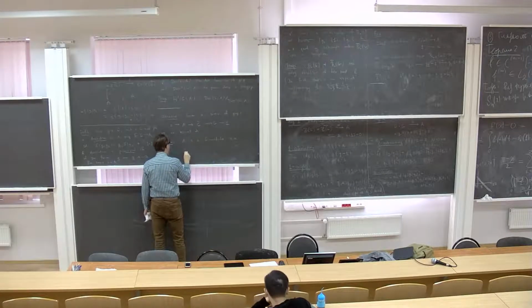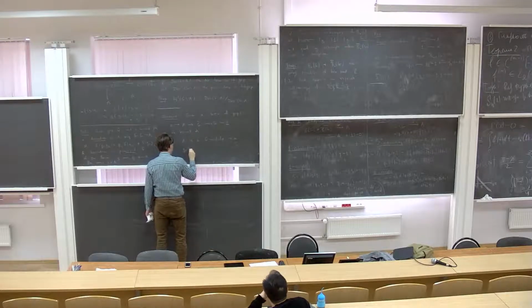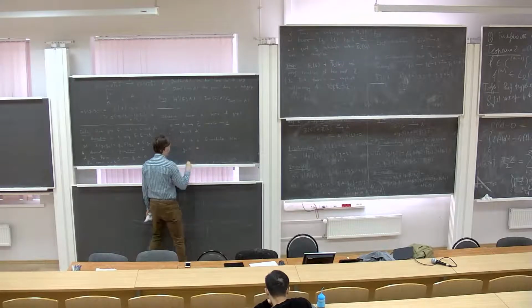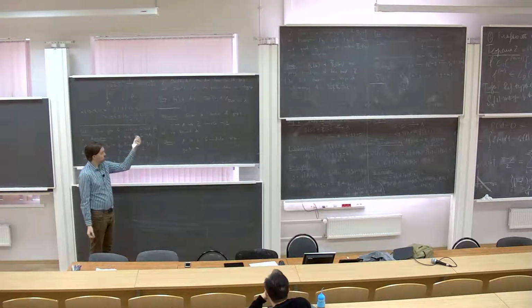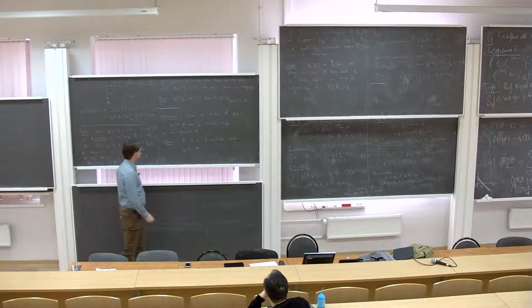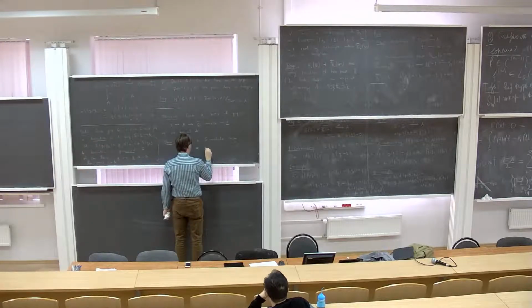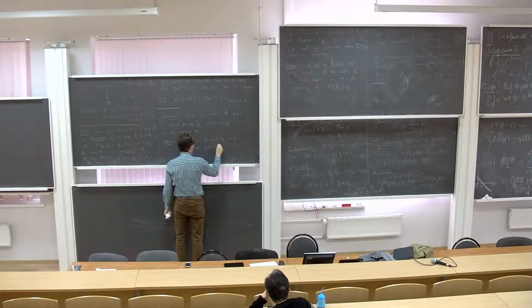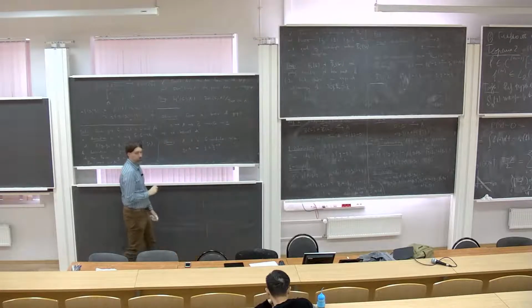So g dot a is defined to be, I choose a lift of little g to G tilde, any lift, and I conjugate inside of A.